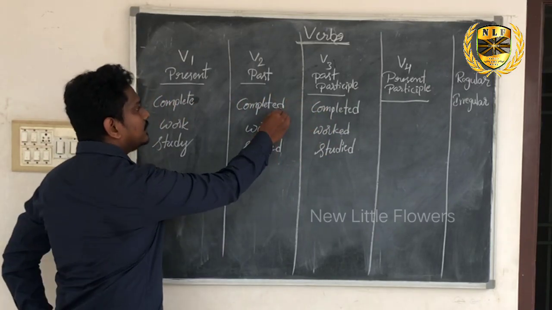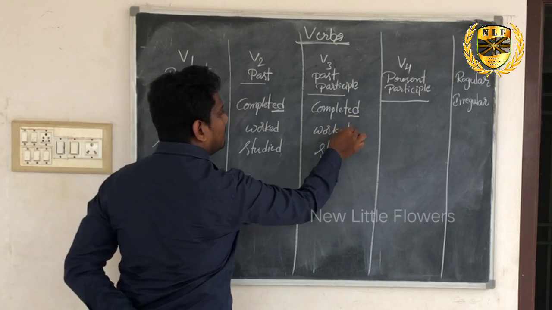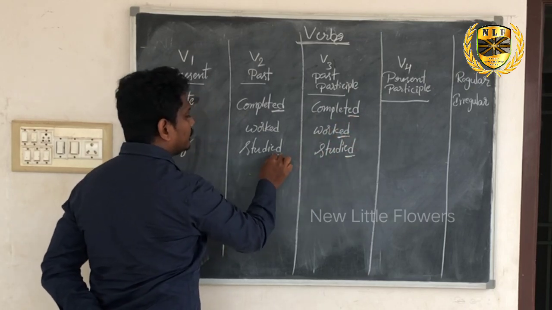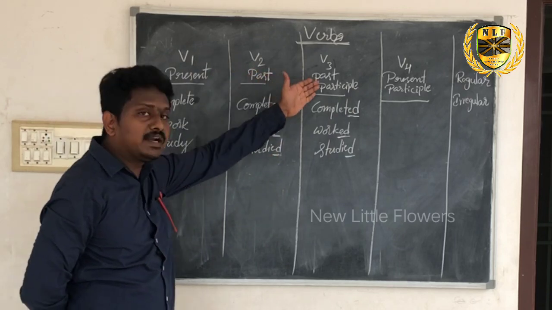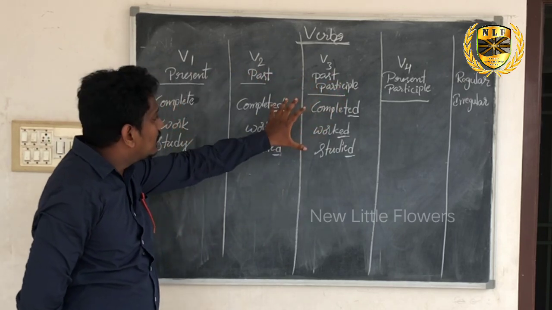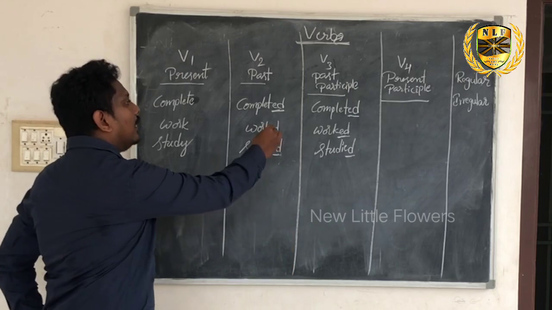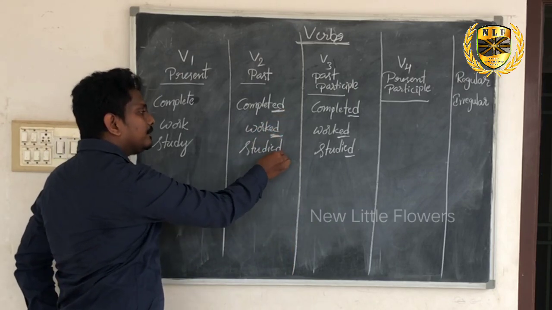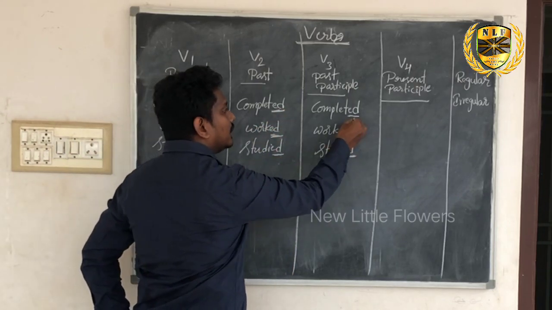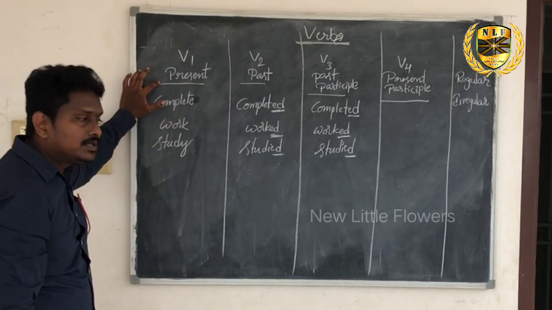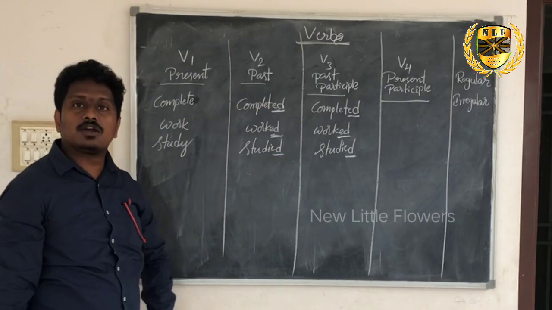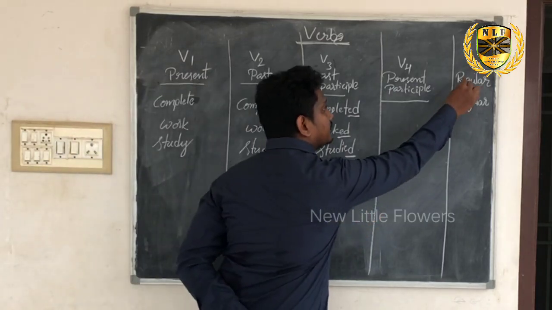See here. The past form and the past participle forms are having d or ed added to their V1 form. Understood? Such type of verbs are called regular verbs.